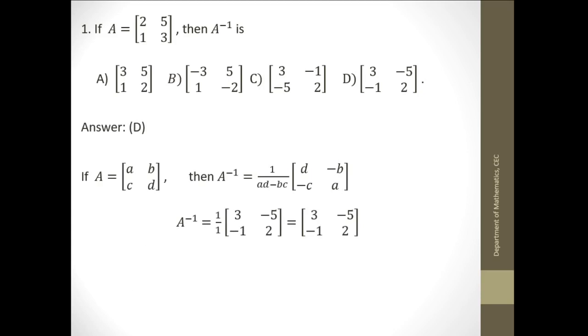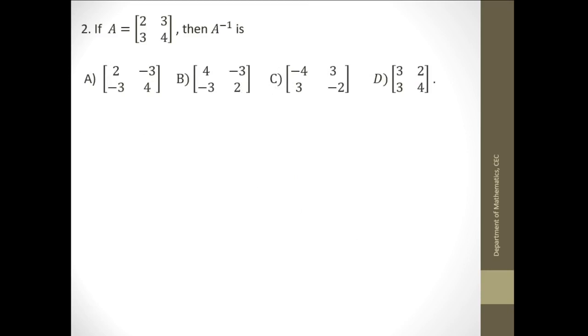Just remember this formula. Inverse of A is 1 by determinant of A. That means AD minus BC. And interchange the principal diagonal elements A and D, D and A, and change the sign of the remaining elements, minus B, minus C. Therefore, inverse of A is 3, minus 5, minus 1, 2.